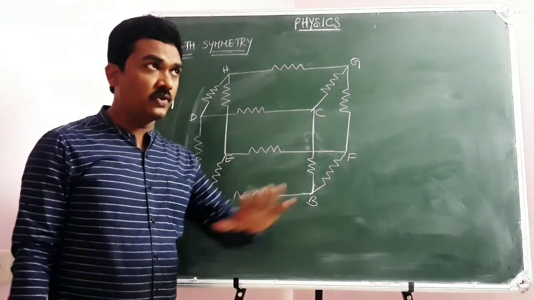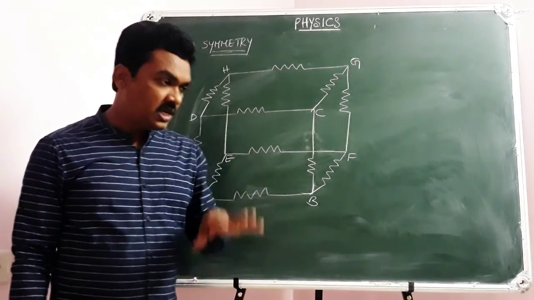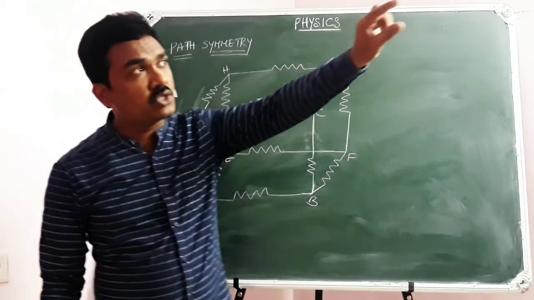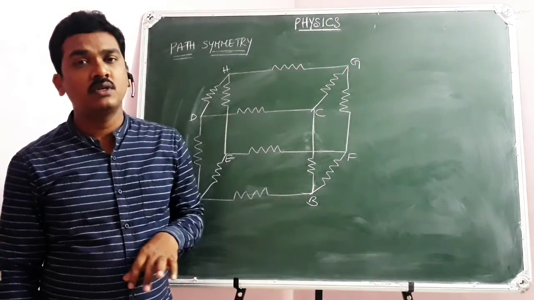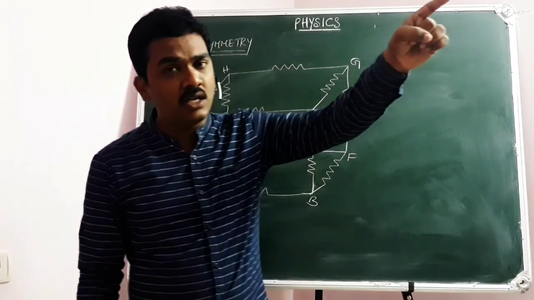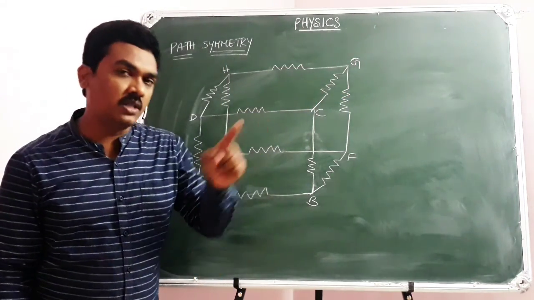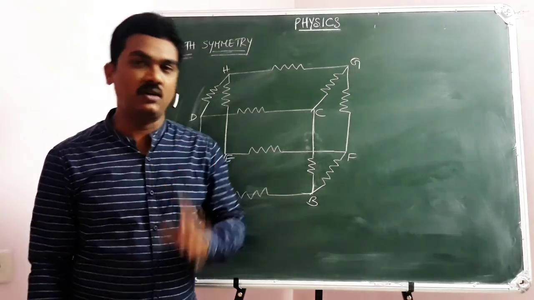Body diagonal means first you look at your room. In a room, if you take one of the uppermost corners and take exactly the lowermost opposite corner and join the line, that is called a body diagonal.